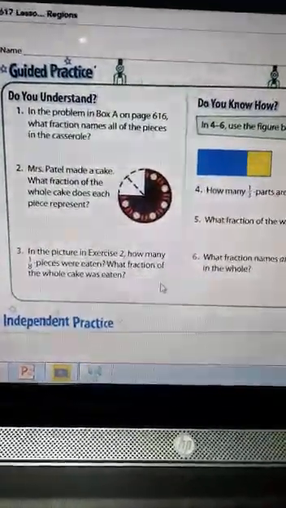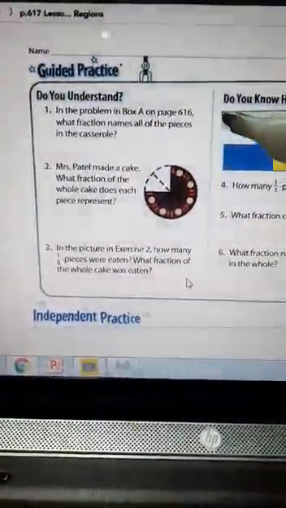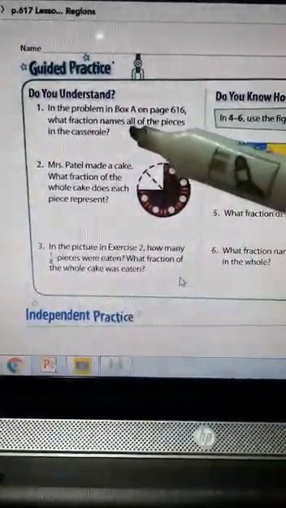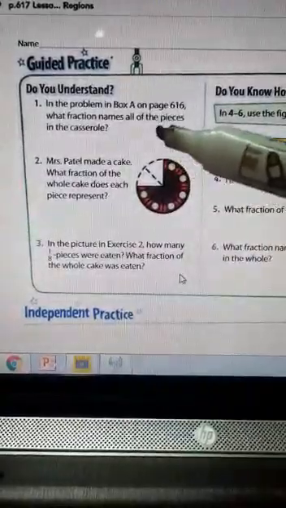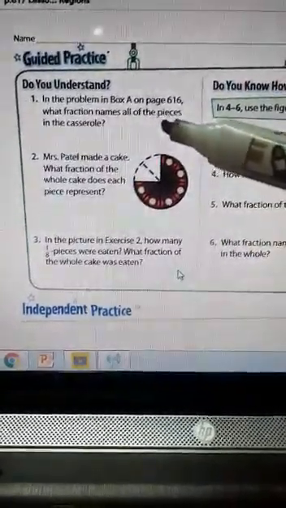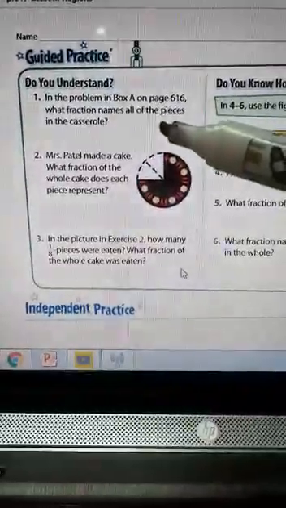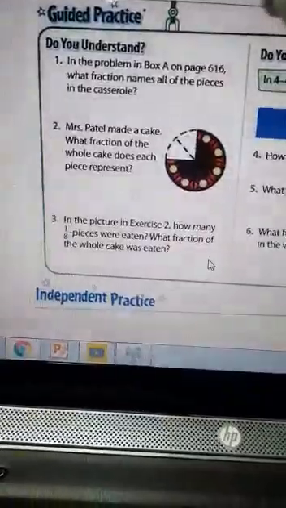The question said, in the problem in box A, which is in page 616, what fraction names all of the pieces in the casserole? What fraction names all of the pieces in the casserole? What was the fraction? You will tell me.